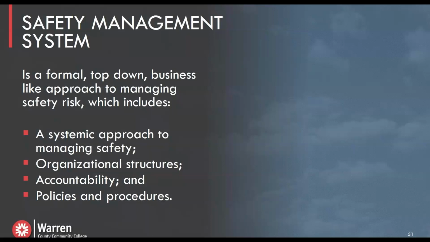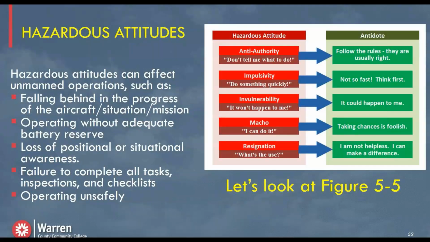You should think this through, because again, what you're trying to do is protect your business interests, but mainly what you're trying to do is not have a catastrophic occurrence, accident, or something that's going to hurt someone. I think we can all agree that we'd love to fly drones. It's a lot of fun, but we love to do it without hurting another human being. So be aware that there are some hazardous attitudes.